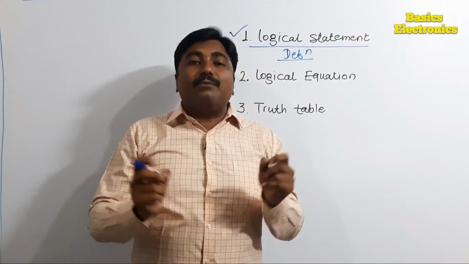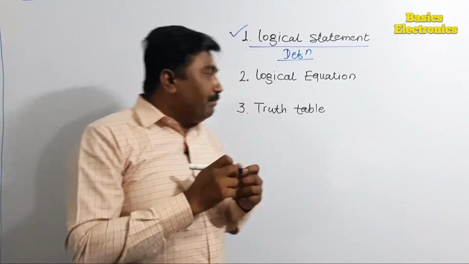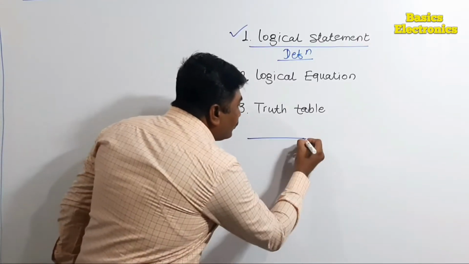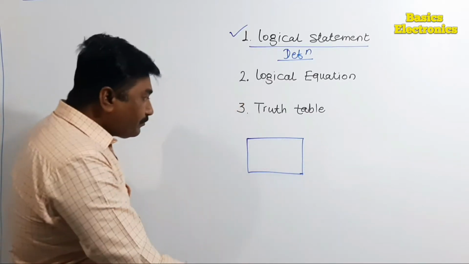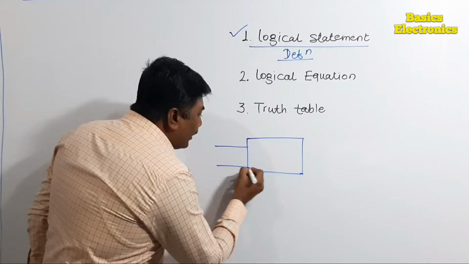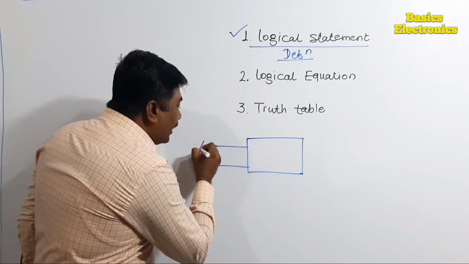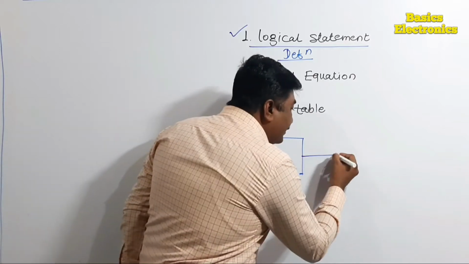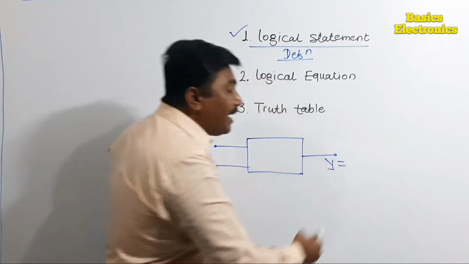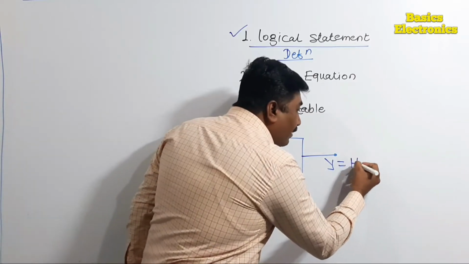It provides one condition. For an example, suppose we have this gate. Here two inputs are there, which are supposed to be A and B. This is the output Y.